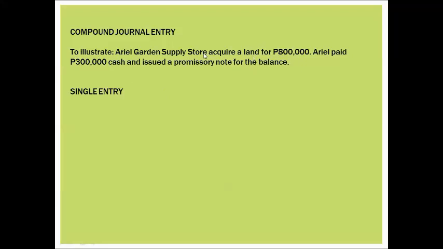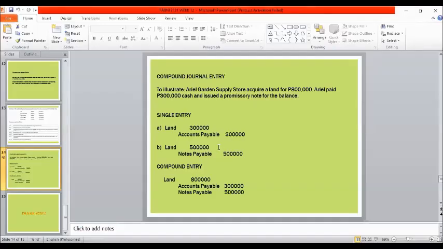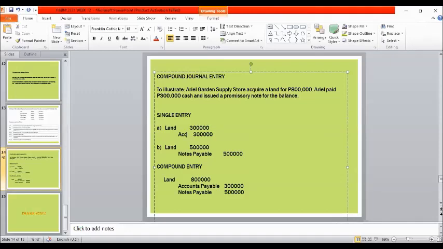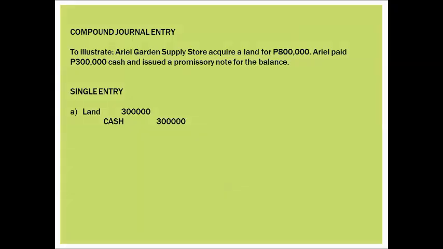And then the rest will be on promissory note daw. May mali dito. Dapat siya accounts payable. This is cash. So, kung isi-single entry natin siya, guys, magiging dalawa ang entry mo. Land, 300,000 and then cash, na binayad mo na 300,000.